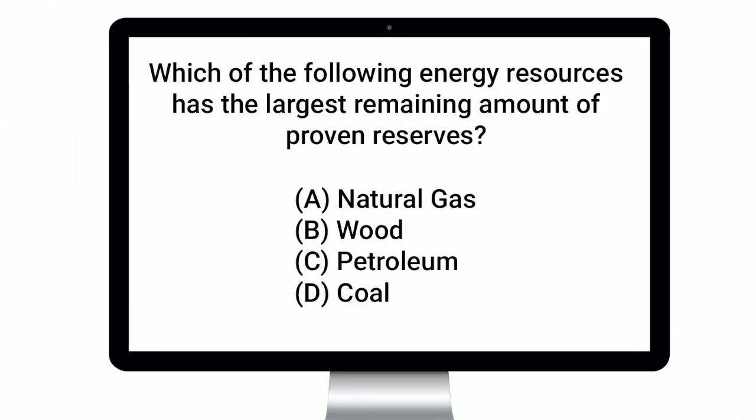Which of the following energy resources has the largest remaining amount of proven reserves? Natural gas, wood, petroleum, or coal? If you're working too quickly, it could be easy to misread this question and select the smallest reserves.